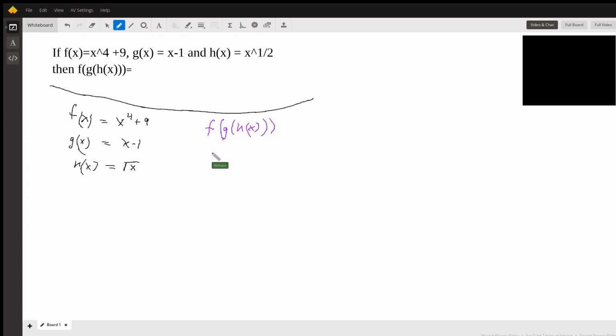So I'm just going to copy the f and the g. And instead of h of x, I'm going to replace it with what h of x really is, which is the square root of x. And there you go.